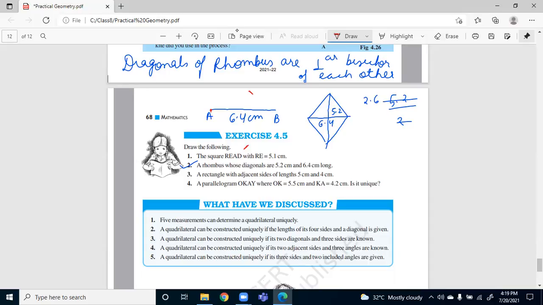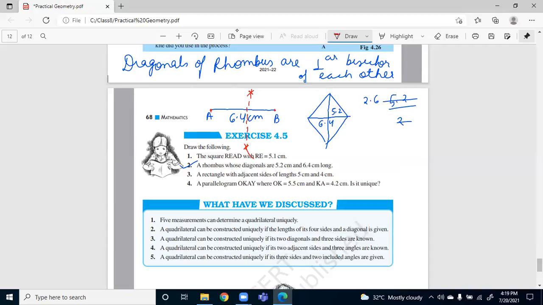With the same procedure, I will put the needle on point B and with the same radius cut these 2 arcs. Then I will join the points of intersection. So this will give me the perpendicular bisector.